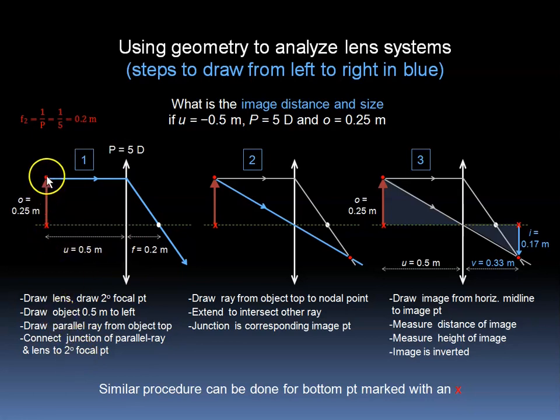We draw the parallel ray from the top object point. We know that any parallel ray that crosses the lens must have an image ray that goes through the secondary focal point.